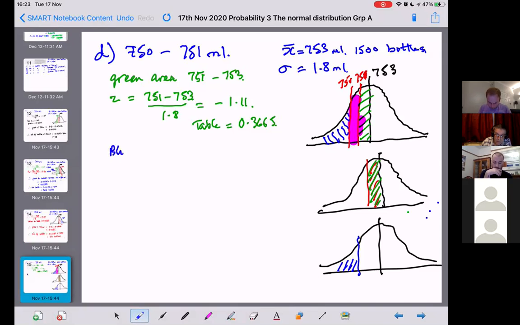So to find the blue area, we go Z is equal to 750 minus 753 over 1.8 equals minus 1.11.